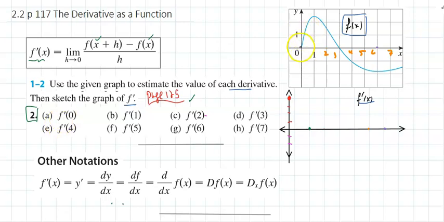If I graph at 0 a tangent line, this is kind of an approximation. What do you think the slope of that line is? Now, this is a slope of 1. A slope of 2, you guys, would be rise 2, run 1.